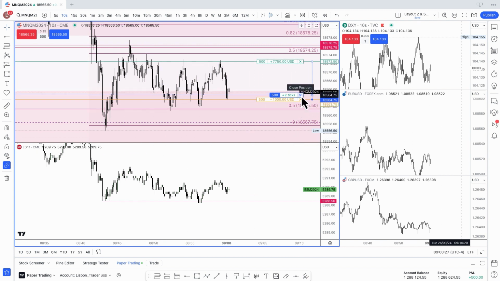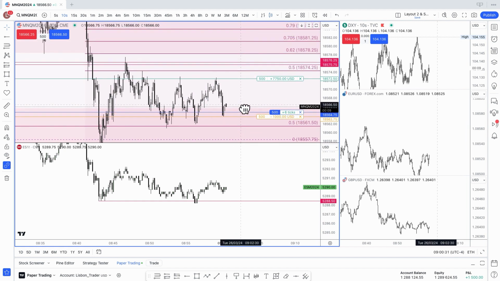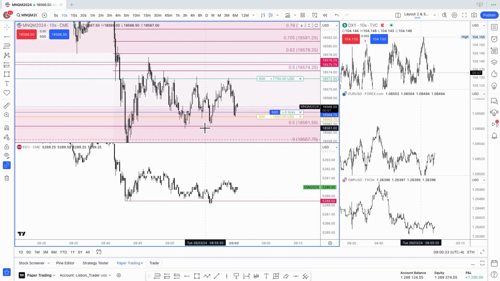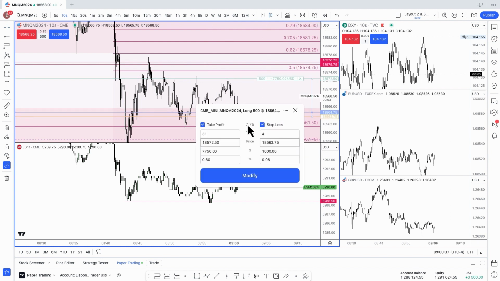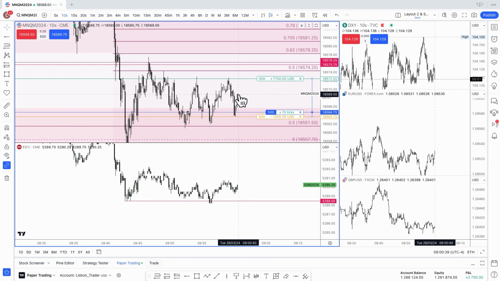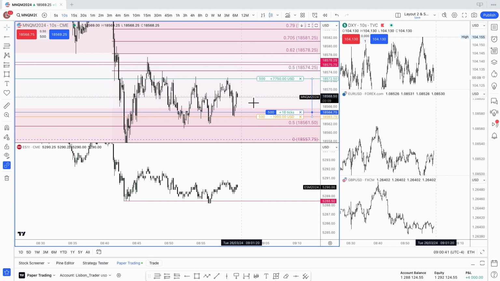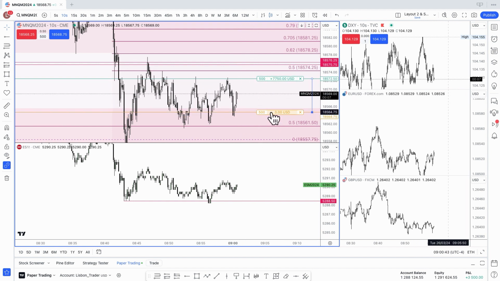So 64, 63, so one point over stop. So it's 127. 1 to 7 trade. Now at break even.